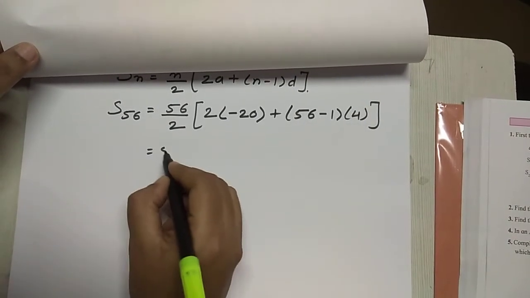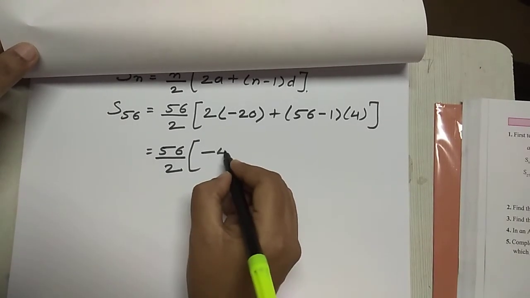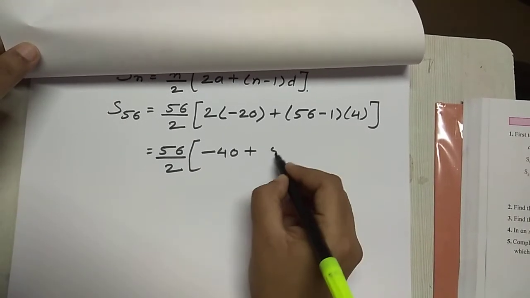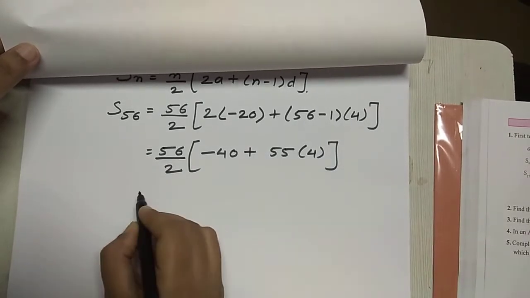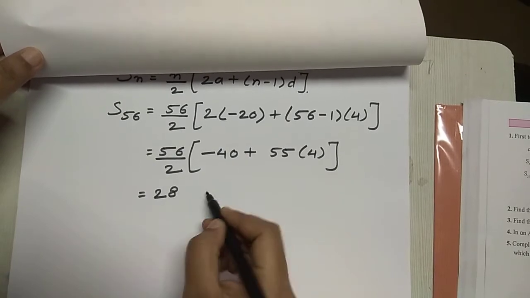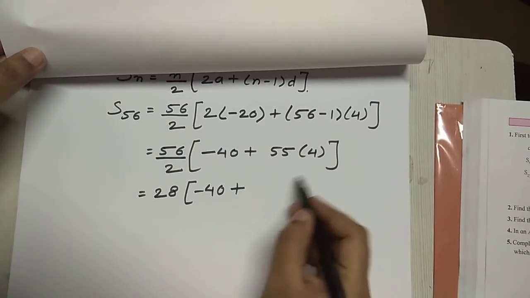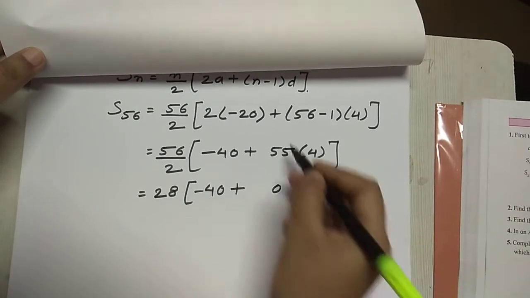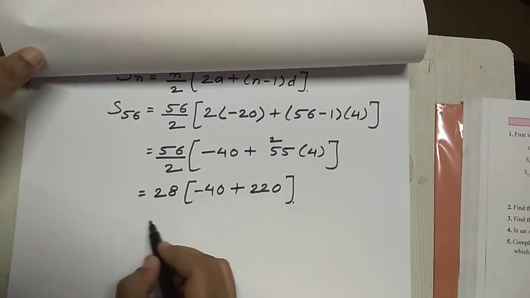So this will be 56 upon 2, minus 40, 55 into 4. 56 divided by 2, 28, minus 40 plus 55 4s are 220.